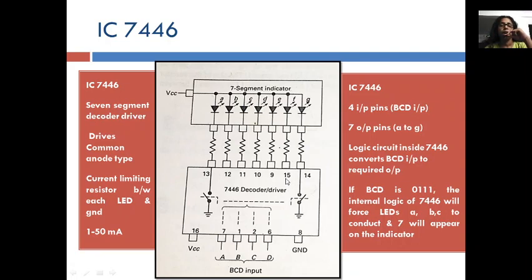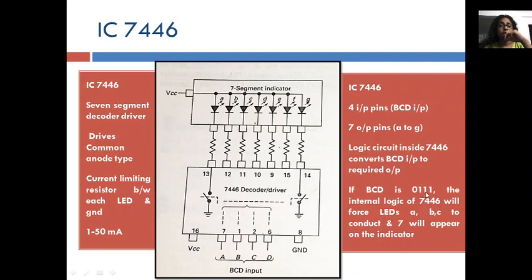Okay. And what is really happening? The logic circuit inside this IC converts the BCD input to the required output. For example, consider BCD is 0, 1, 1, 1. The internal logic of 7446 will force the LEDs. What will be the output? 0, 1, 1, 1 means 7.